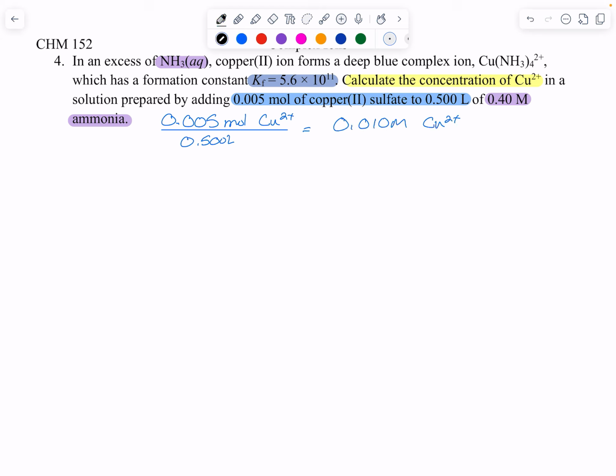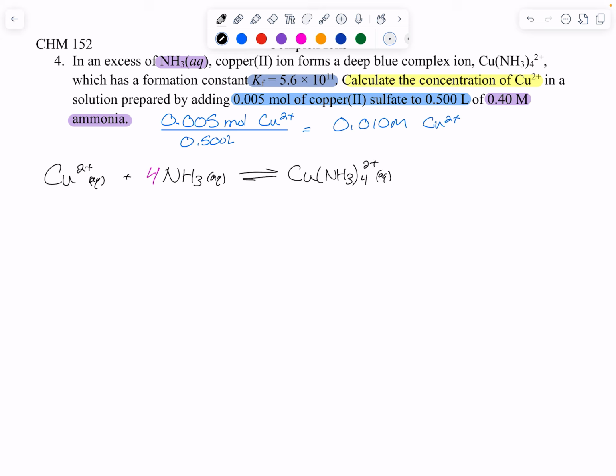All right, so we have Cu2+ in solution with ammonia, 4 of them, and I want to do it this way. Make that 4 pop to make a complex ion of Cu(NH3)4 2+.